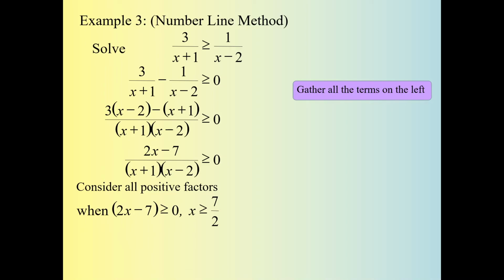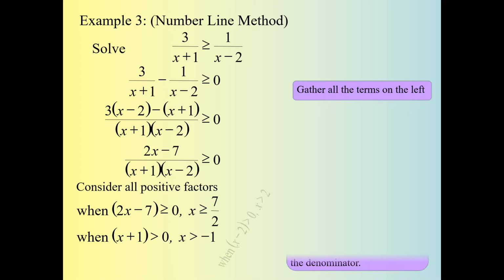So when 2x - 7 is greater than or equal to 0, x is greater than or equal to 7/2. x + 1 is greater than 0, x is greater than -1. Take note, there is no equal sign at the inequality symbol.